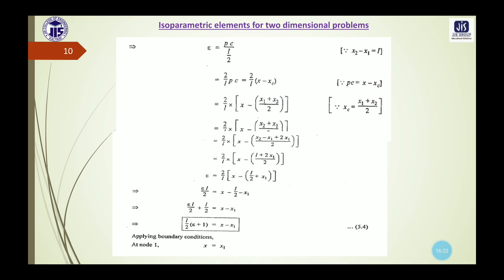So this is equal to, we can write again, in this case, 2 by L multiplied by x minus x2 minus x1 plus 2x1 divided by 2.